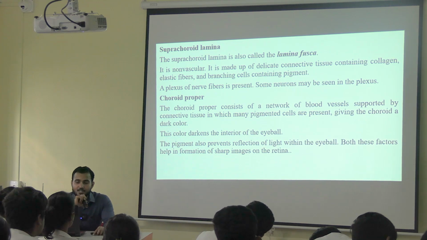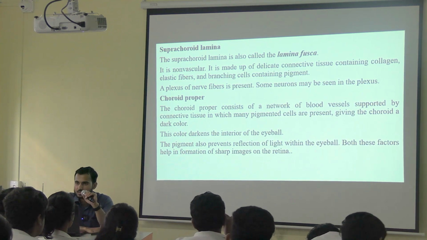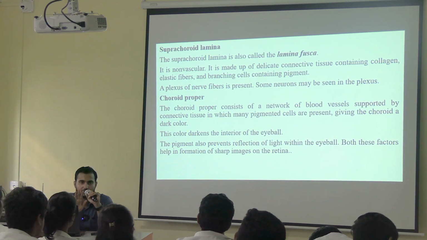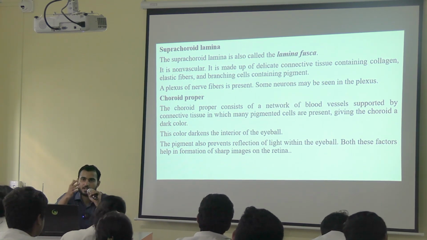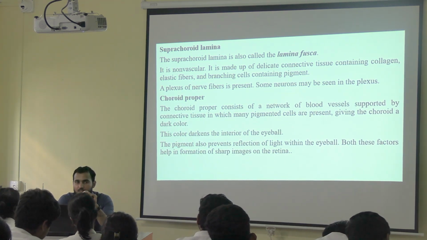Okay, next in choroid proper some pigmented cells are also present. Okay, now blood vessels तो है, we can understand that blood vessels are there because it will provide nutrition. Now the question is those pigment cells, why those pigment cells are present?